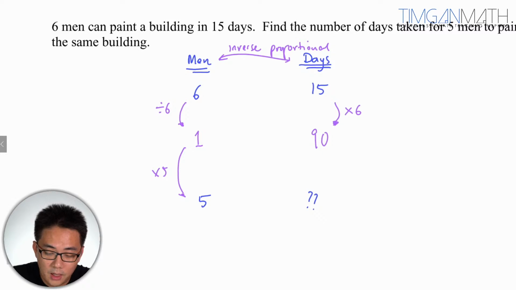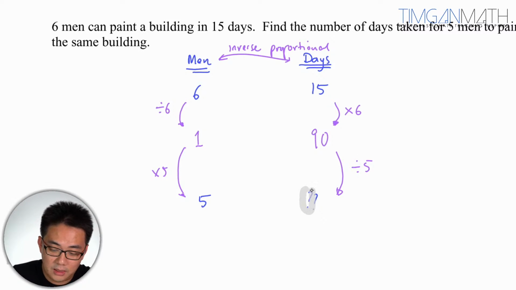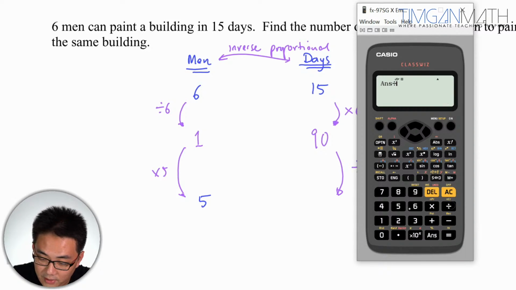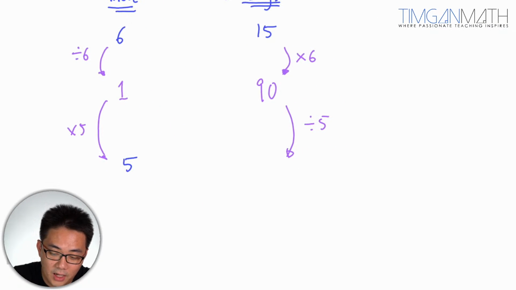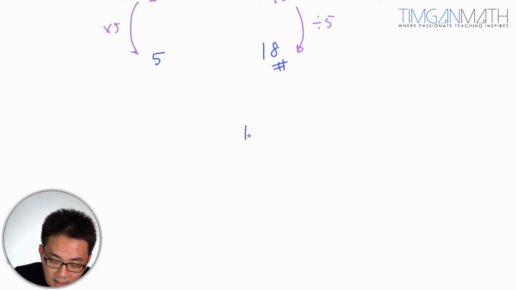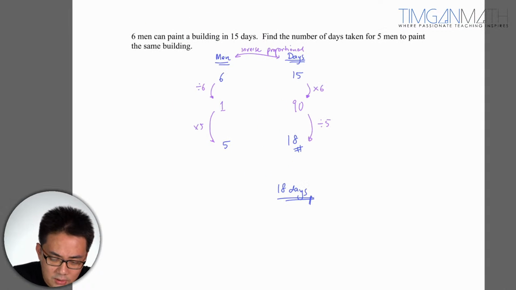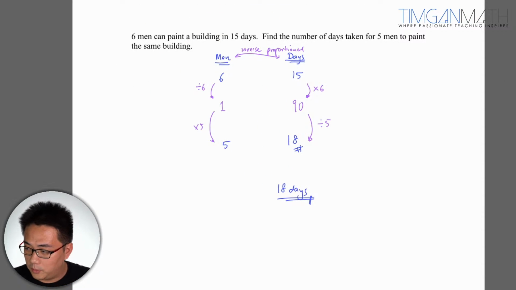But if you have 5 here, this is multiplied by 5, so this will be divided by 5. So this multiplies, this will divide. With this divide, this will be multiplied, because it's inverse proportion. So 90 divided by 5 will give you 18, right? So this is 18 days. Great. So the answer here will be 18 days to complete for 5 men to paint the same building.